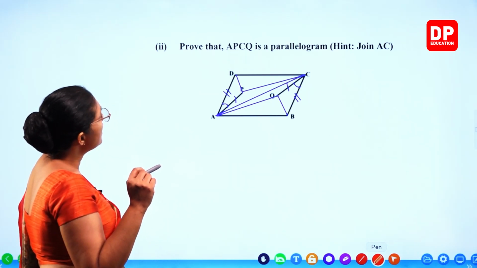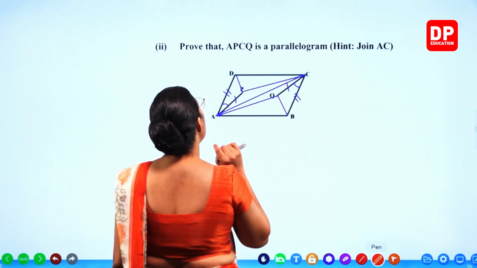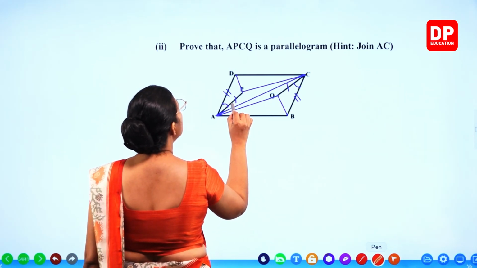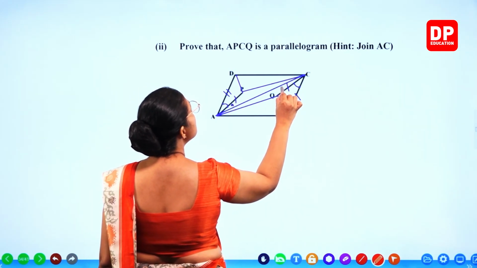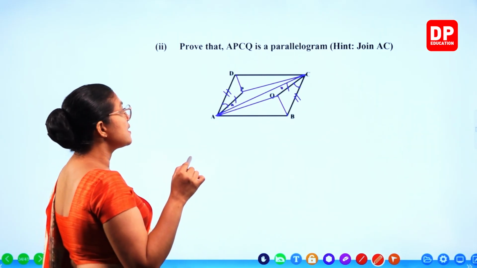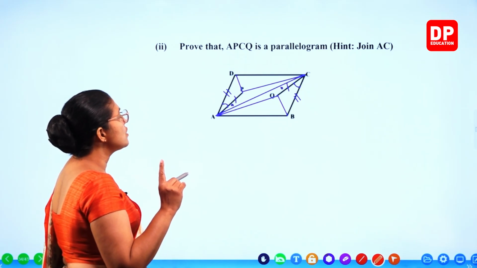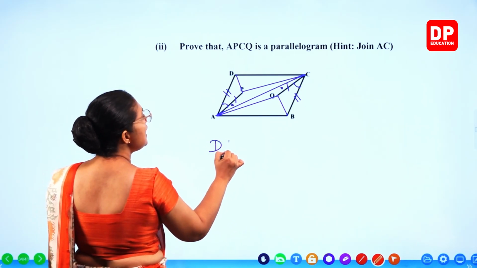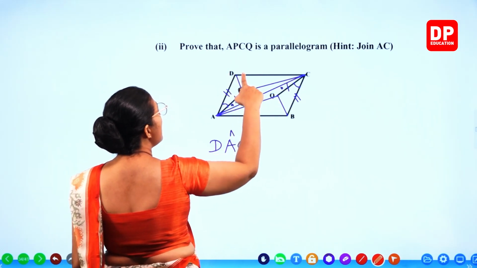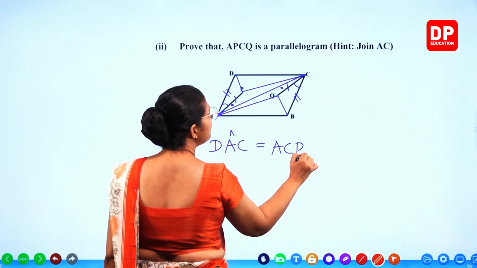How can we show that the two lines are parallel? If we can show that this angle is equal to this angle, we can do that. Alternate angles are equal. Now, what do you know about angle DAC? Angle DAC and angle ACB are equal.